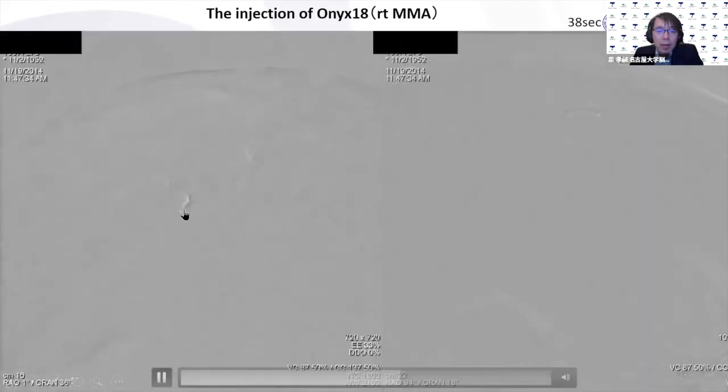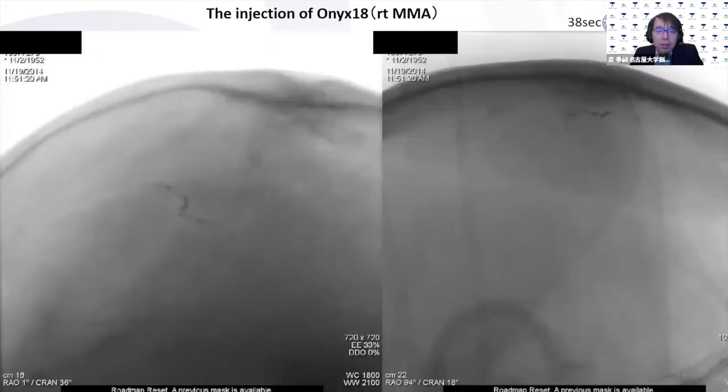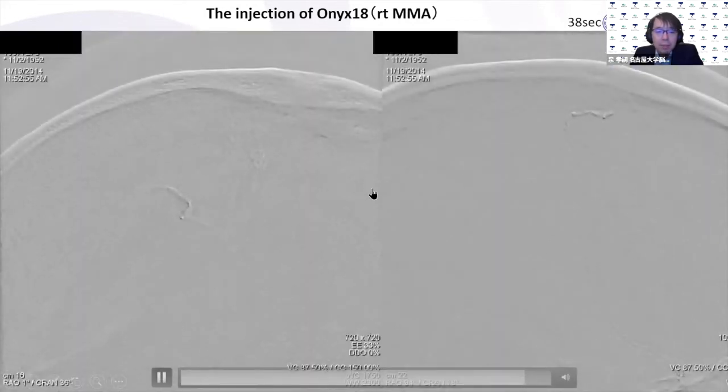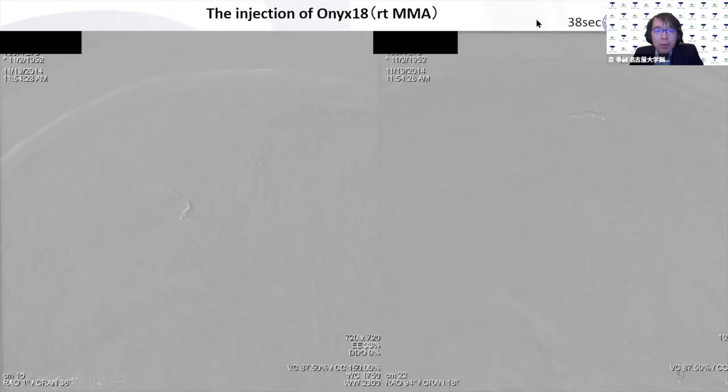The Onyx refluxes around the tip of the microcatheter, and I take a pause of 15 or 30 seconds, sometimes 50 seconds. Injection restarted. 3 or 5 times I took a pause.